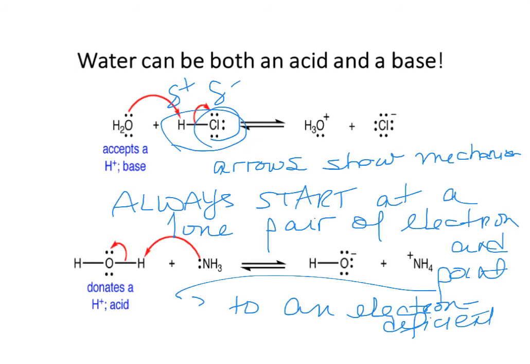So if I said use mechanism arrows to show what happens when water reacts with hydrochloric acid, you would start at the lone pair, and your arrow would then point to the atom that's electropositive or has a partial positive, or in some cases full positive charge.